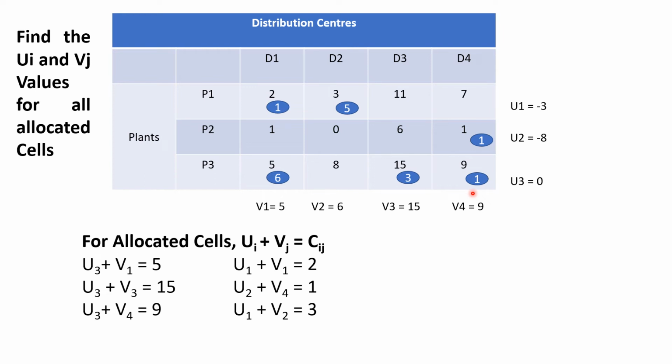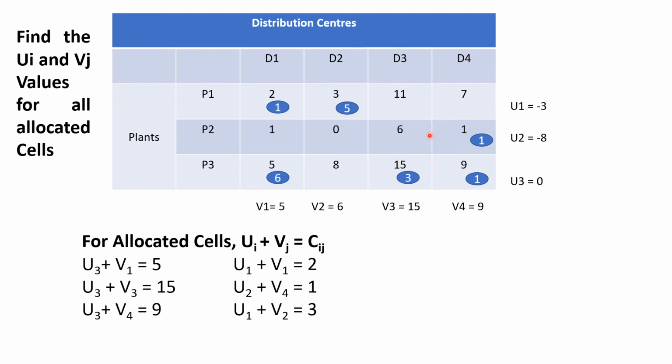If the number of allocated cells is less than m plus n minus 1, then you will not be able to get all the values of the U's and the V's. You will get stuck, right? So before you proceed to get the optimal solution by the MODI method, first you have to ensure that the number of allocated cells is equal to m plus n minus 1.